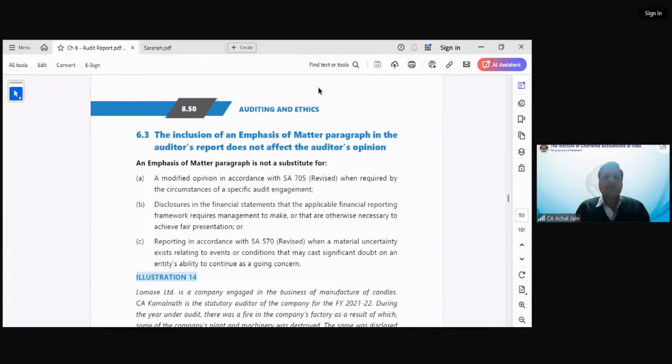Then you'll ask me for a report. You'll say, okay, fine, we are happy to go with this EOM as well as modification. Please share the wordings you want to include. Then I'll tell you the wordings I am planning, so a draft report will be given to you, and the same discussion will be done with the board. Once everything is in place, discussed and mutually agreed, that's when the report will be finally signed off. So that's how it practically works.